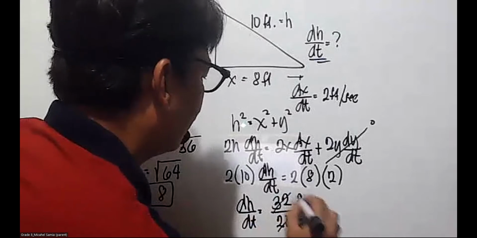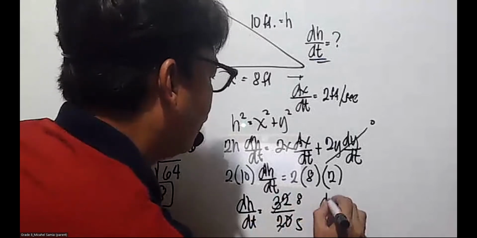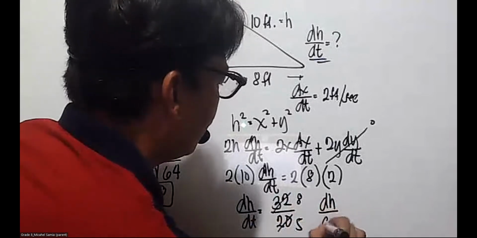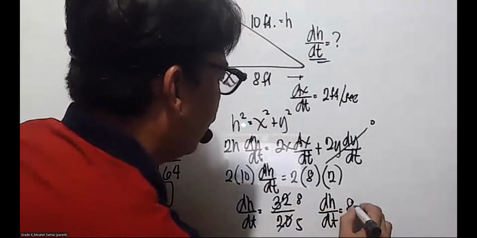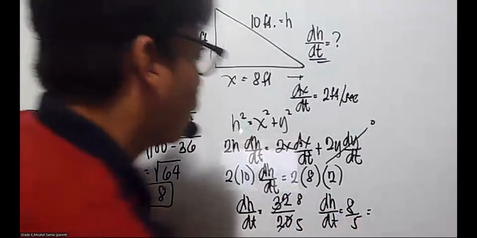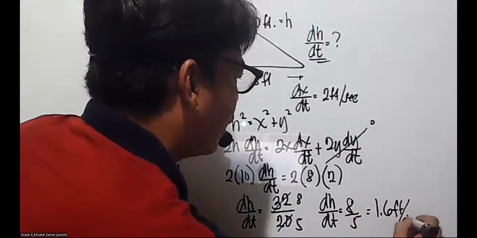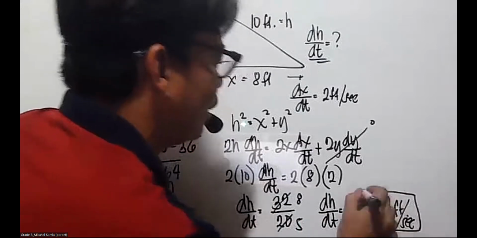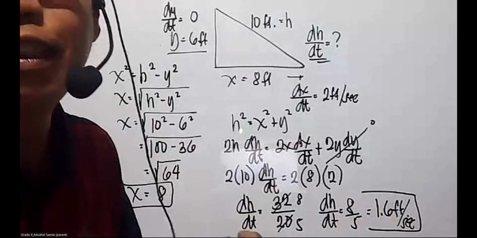This is 5. This is 8. So your dh/dt now is equal to 8 over 5. What's the value of this, Josh? 1.6 feet per second. Hopefully it's still visible on the screen.